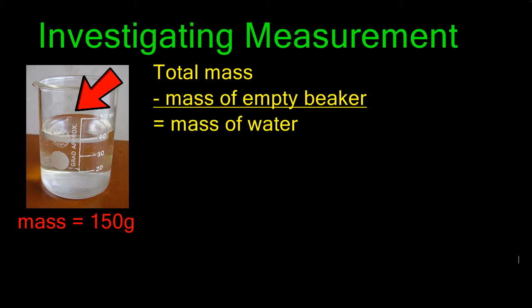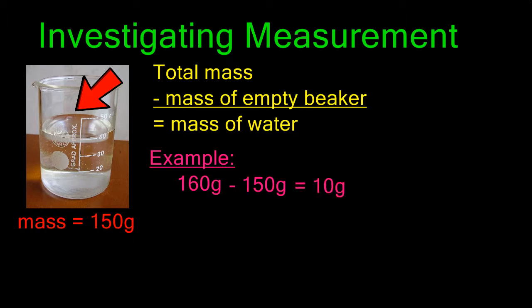Suppose you filled the beaker up with some volume of water and massed the beaker and the water, and your total mass was 160 grams. You would take that total mass, 160 grams, and subtract the mass of the beaker from that mass. So 160 grams minus 150 grams would give you the mass of the water, 10 grams.